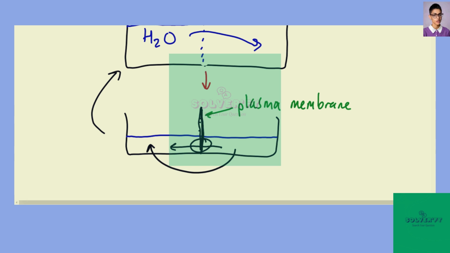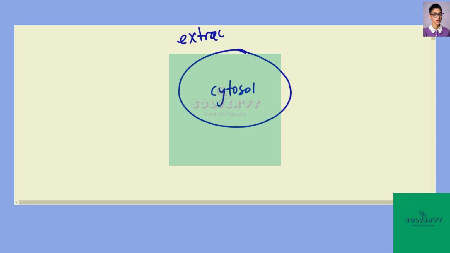So in our cell, we have our plasma membrane, and inside the cell is the cytosol, and outside is the extracellular fluid. Of course, here's our plasma membrane right there. And within that plasma membrane, we have these pumps.